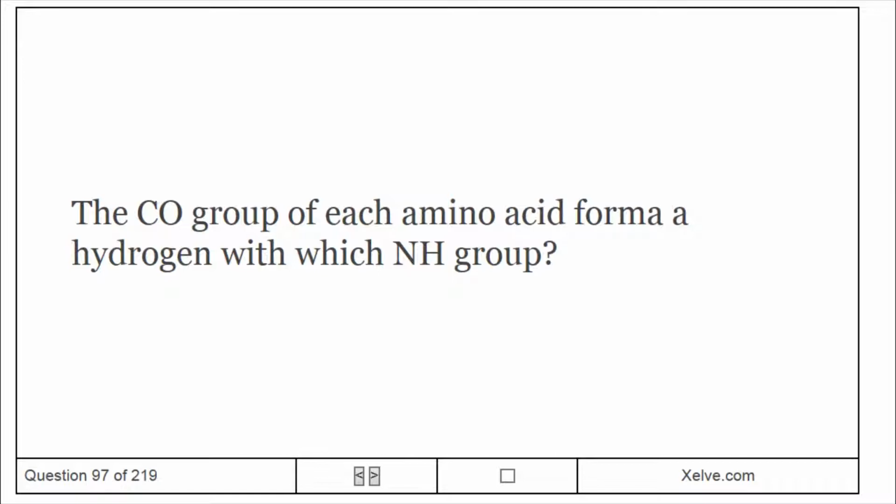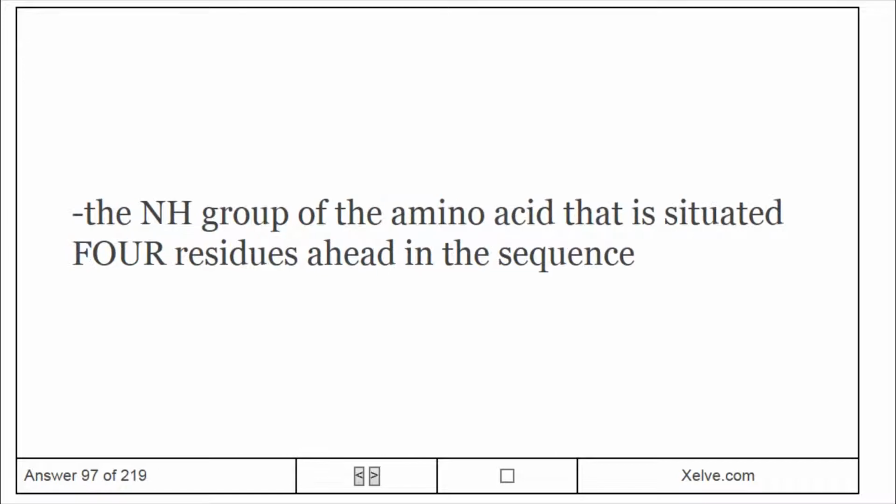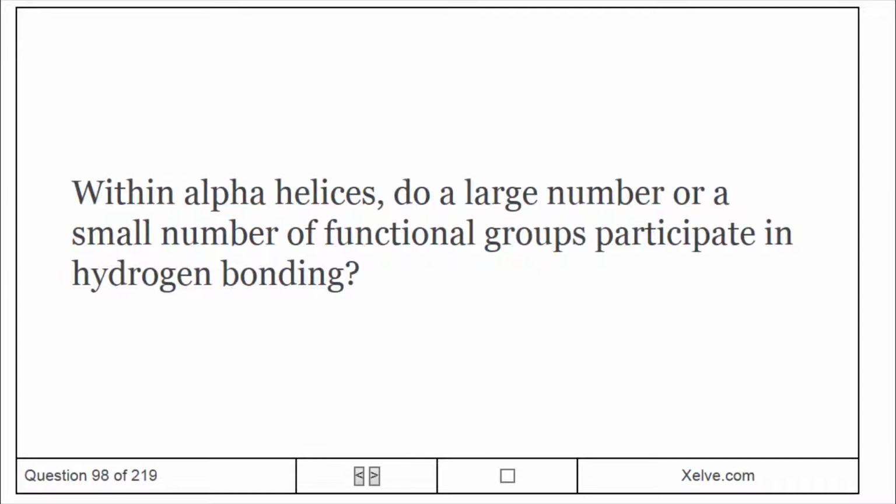The CO group of each amino acid forms a hydrogen bond with which NH group? The NH group of the amino acid that is situated 4 residues ahead in the sequence.